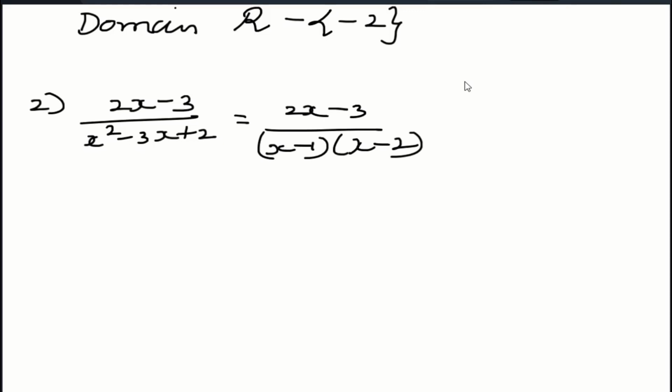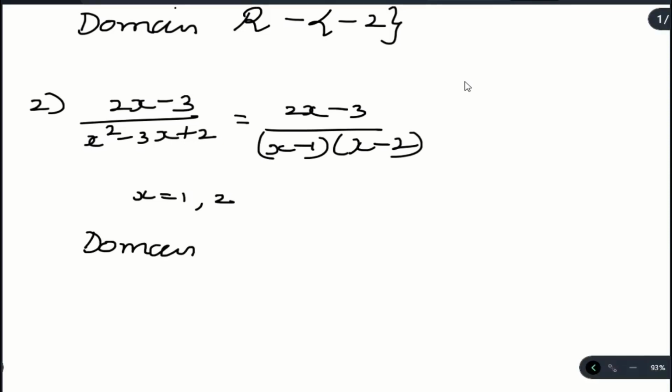The denominator will vanish if x is equal to 1 or x is equal to 2. If x is 1 or 2, the denominator becomes 0 and the function is not defined properly. So the domain is the set of all real numbers except 1, 2.